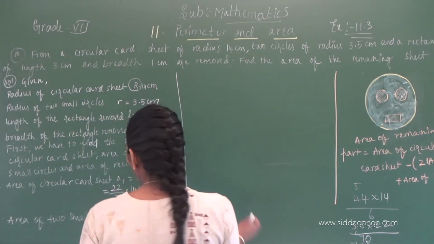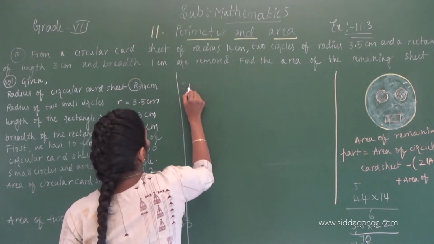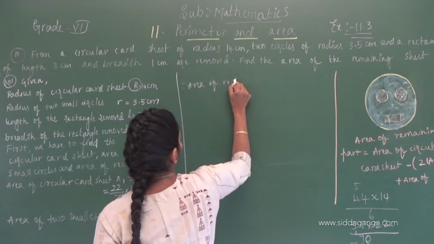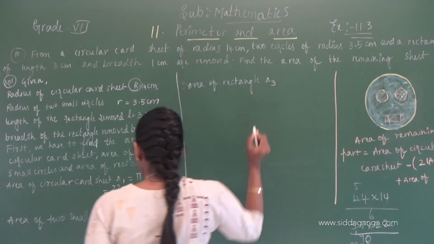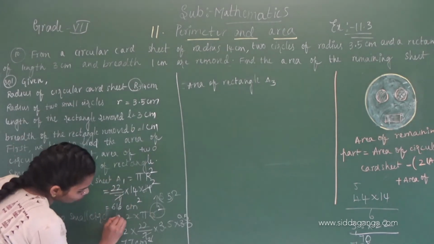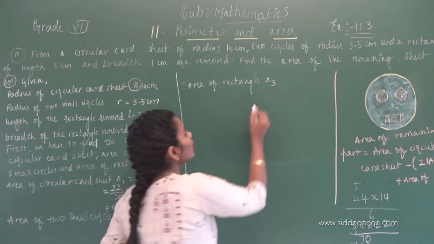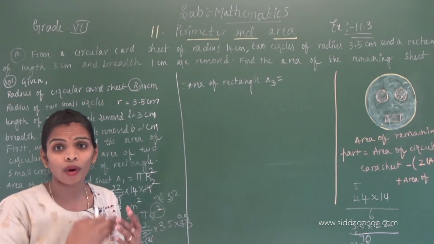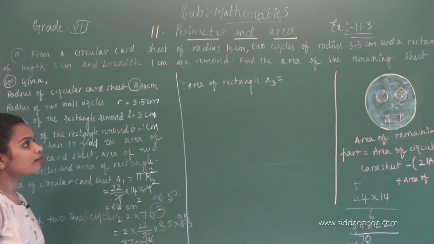Okay, next what we have to do? We have to find area of rectangle. Area of rectangle, A3. This one is A2. This one is A1 I am considering, this one is A2 and this one is A3. Otherwise, we have to take equation 1, equation 3 to avoid this.